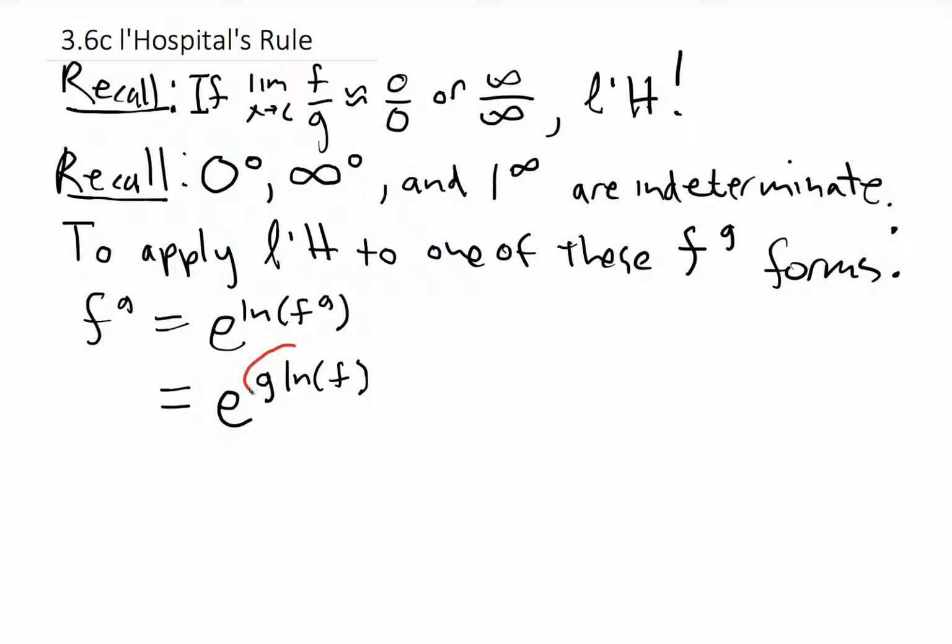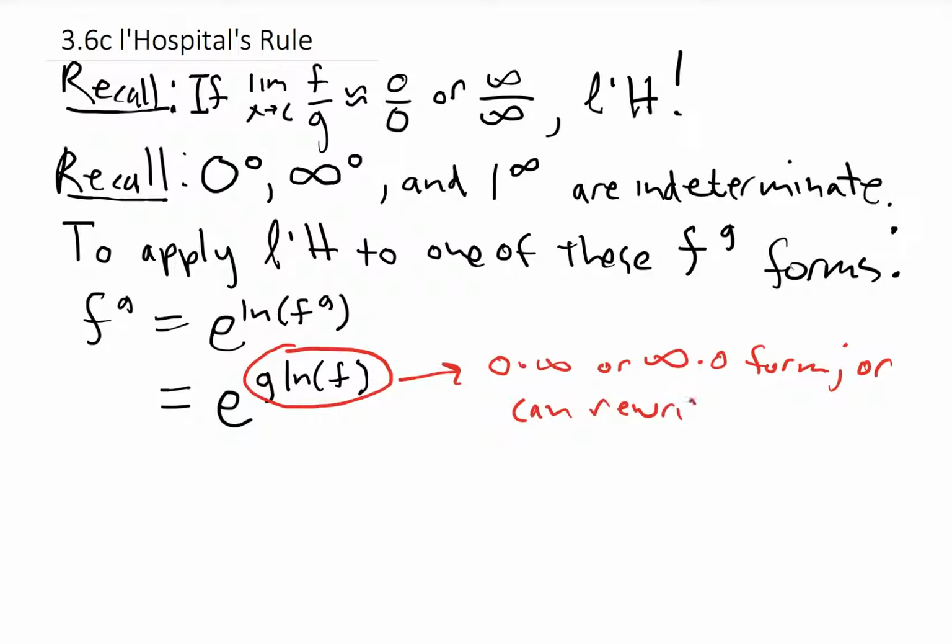This bit right here should, in general, look like basically a 0 times infinity or infinity times 0 form. Or alternatively, if we're super lucky, we can rewrite this pretty directly as a 0 over 0 or infinity over infinity form.